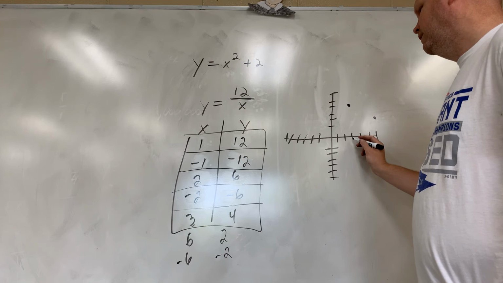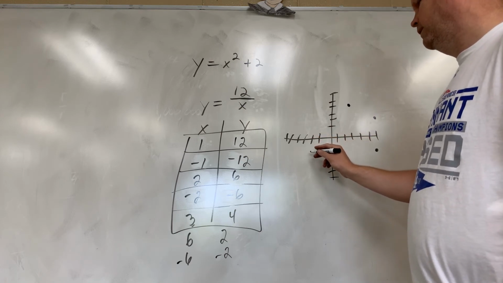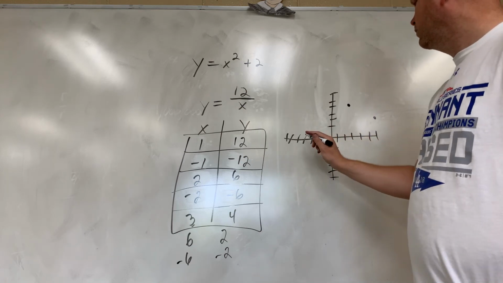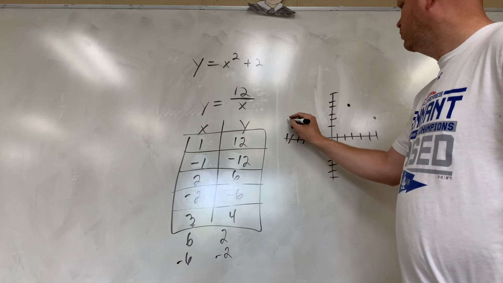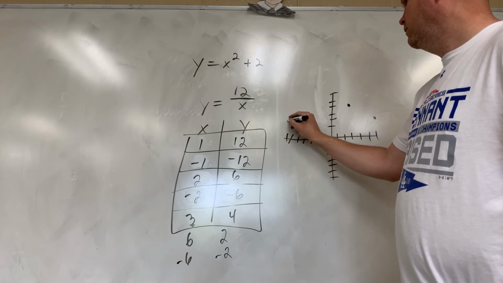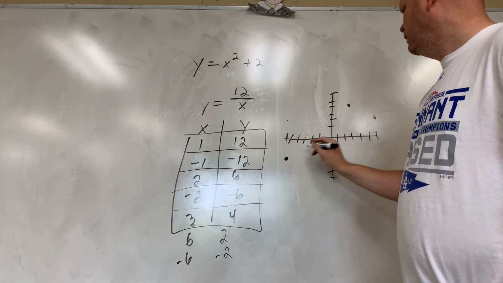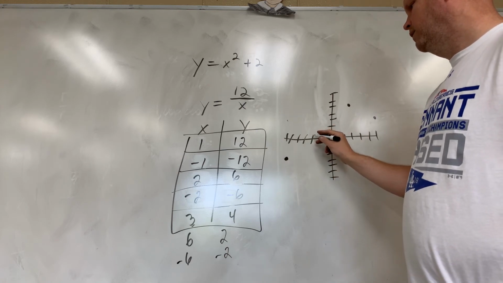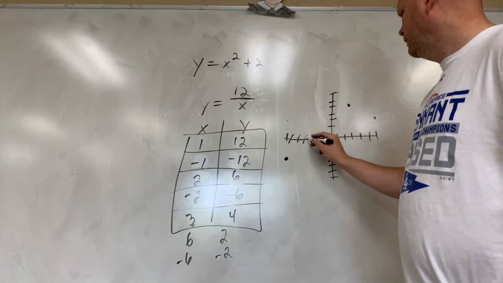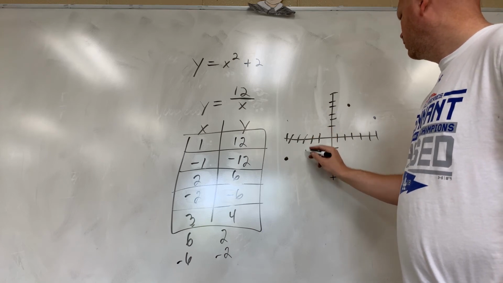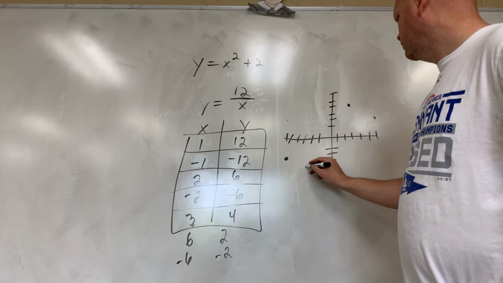No, I went the wrong way with this one. -6, 2 would be, -6, -2 would be over here. And then -3, -4 would be down here somewhere.